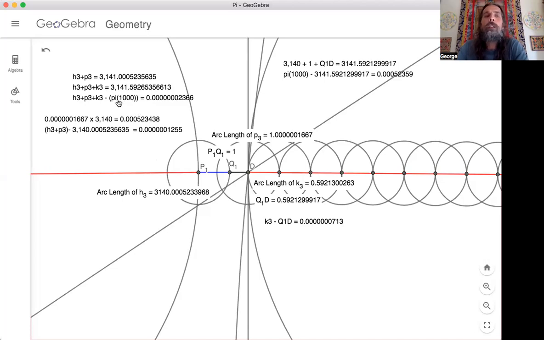So I took the sum of all those arcs, these three little arcs, and subtracted that from the pi times 1,000, and the difference between those little adding up the arcs. Now remember, I'm just typing those in the calculator, so I don't have all the digits. But anyway, they're pretty close, 0.000000002366.